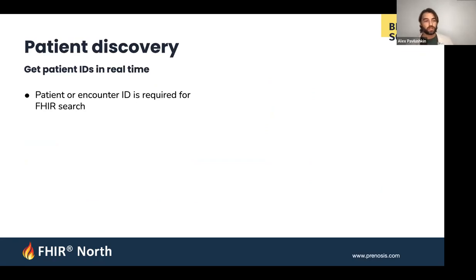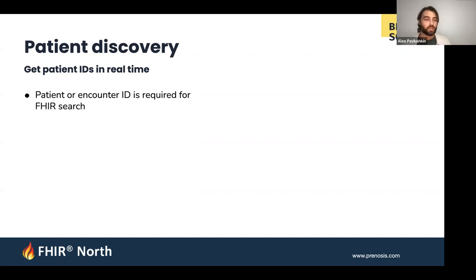When we started exploring the Epic FHIR API, we quickly realized that it's not possible to query observations and service requests without having a patient ID and encounter ID. We need some context data for it. And it was not clear how to get these IDs using just the FHIR API and requesting some resources.